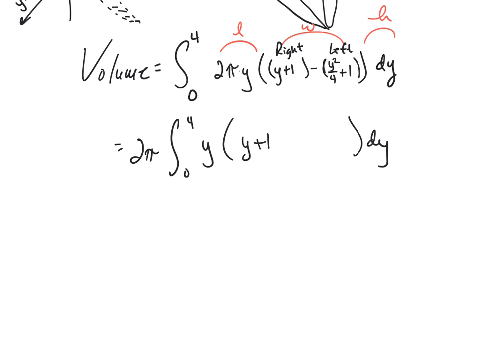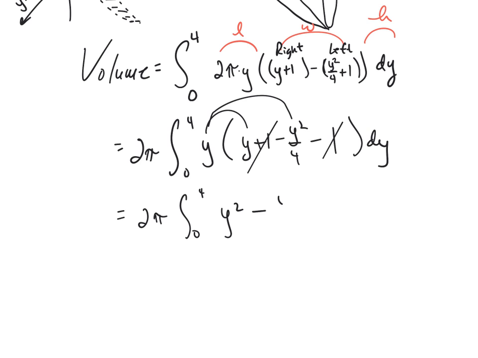So I'll have y plus 1 minus y squared over 4 minus 1. And I'm doing that because the 1's then add up to 0, and so it makes the distributive property a little bit easier. Now I only have to distribute y times y and y times negative y squared over 4. So I end up with y squared minus y to the third over 4 for my function.